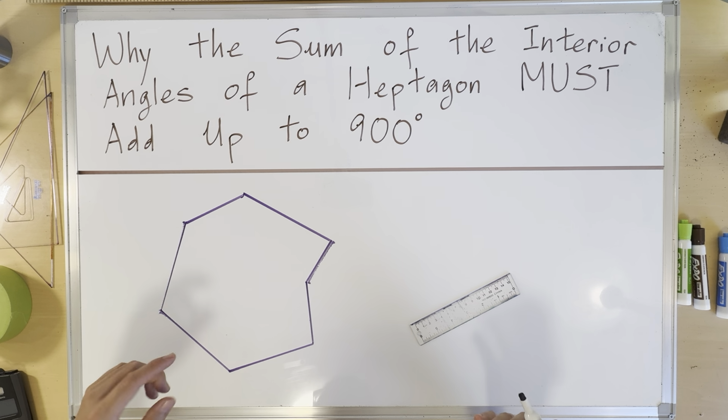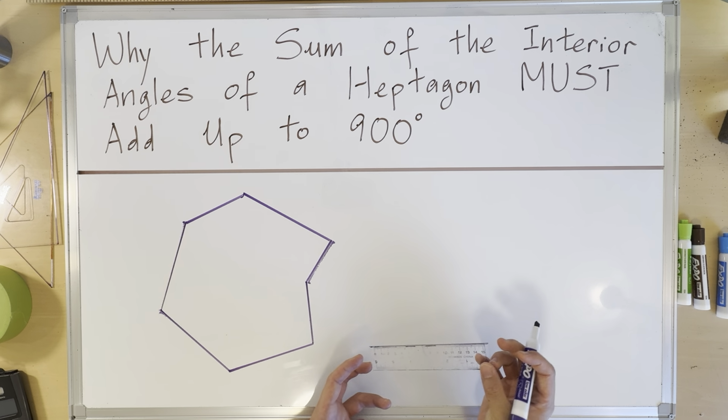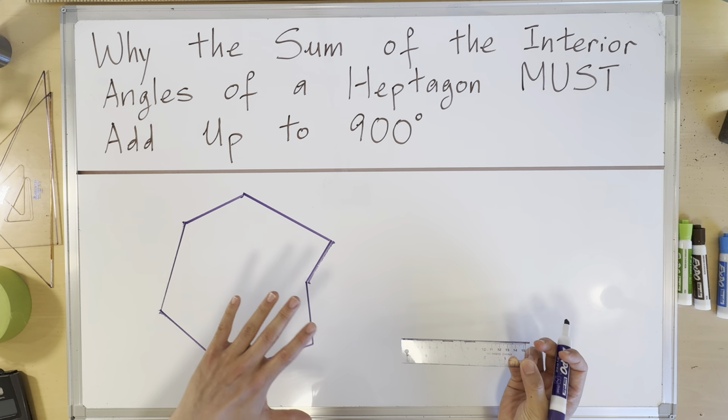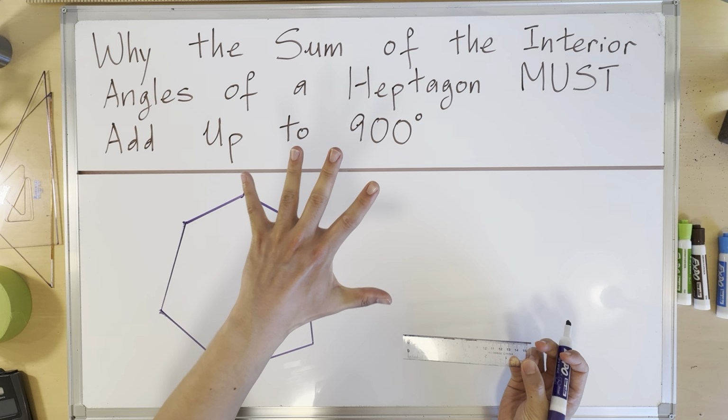And I'll illustrate using this example right here. I'm going to divide this irregular concave heptagon into 5 separate triangles.